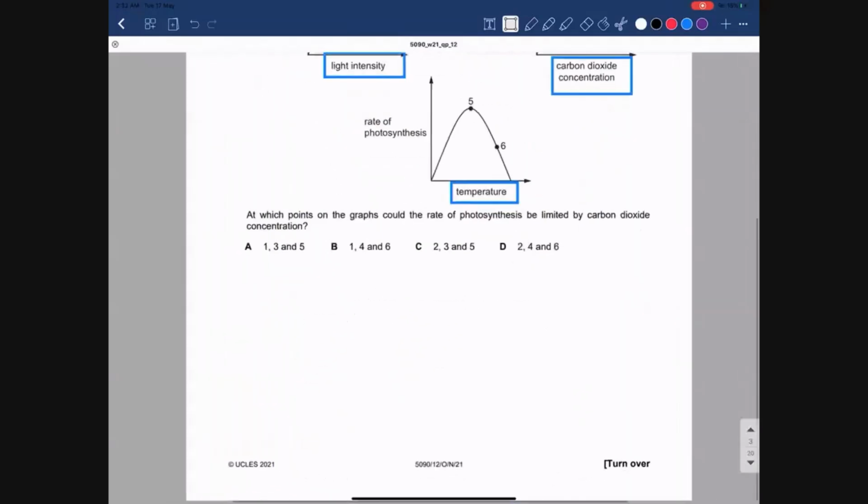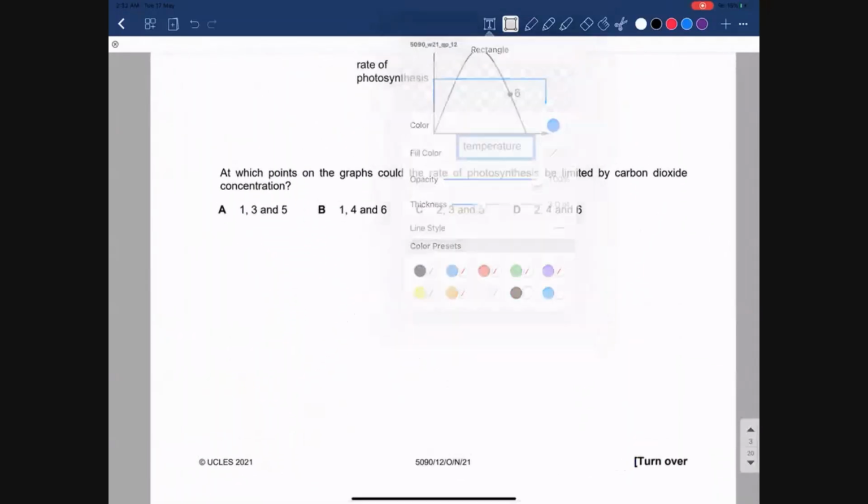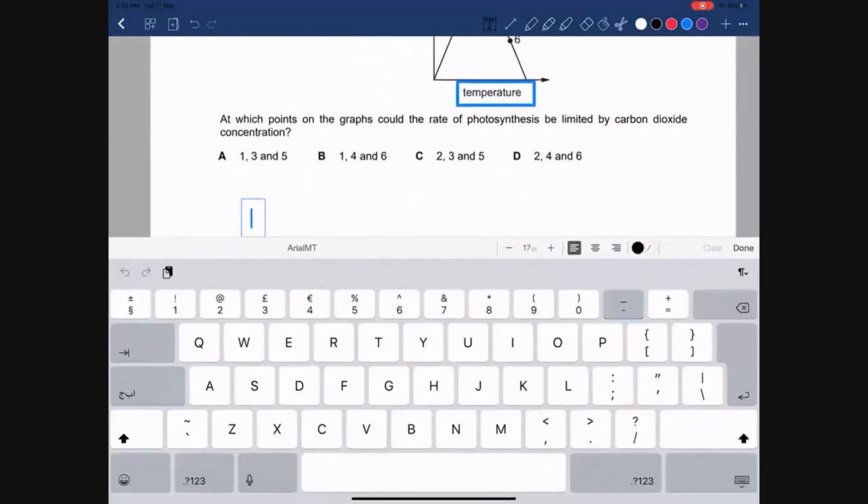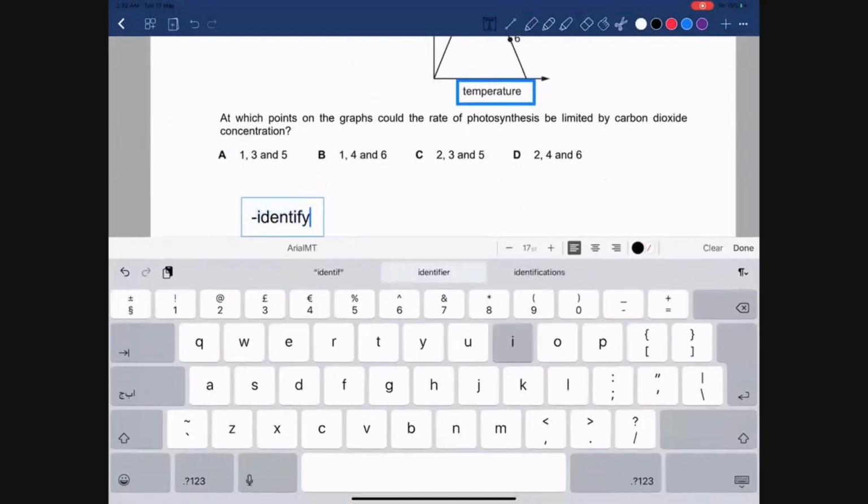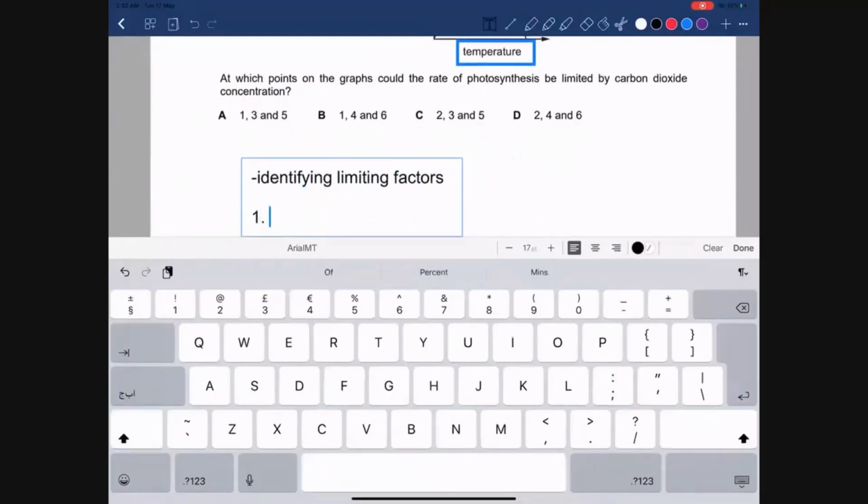Okay, guys, let me give you some tips to identify the limiting factor. Identifying limiting factors. Number 1 point.